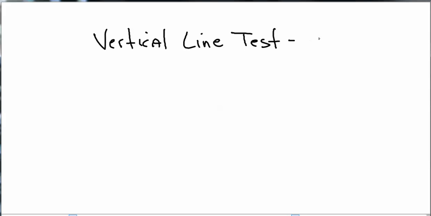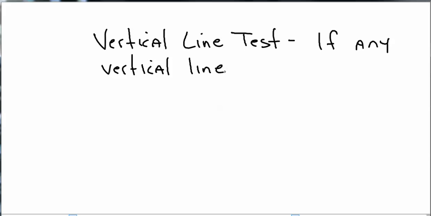If any vertical line passes through one point on the graph, let's say this.